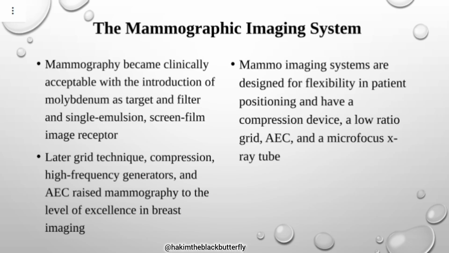In most cases, if you choose to use automatic, the only factor you choose is kV. mA you don't choose. So when you choose the kV and then make an exposure, the automatic exposure control will terminate the exposure at a time when an appropriate image quality has been achieved. So there is no choosing of milliampere seconds.